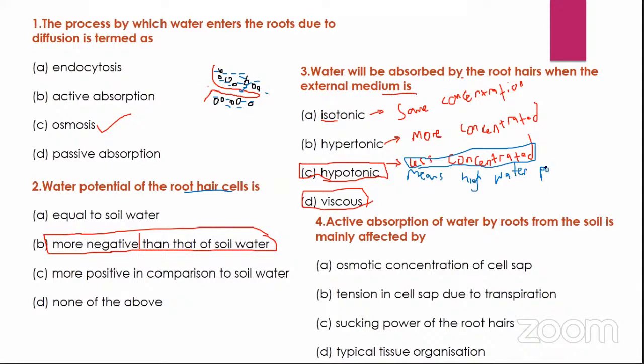So for water to be absorbed, to absorb means to be taken up by the root hair so that it can go into the xylem, the solution must be less concentrated. So the answer is C.